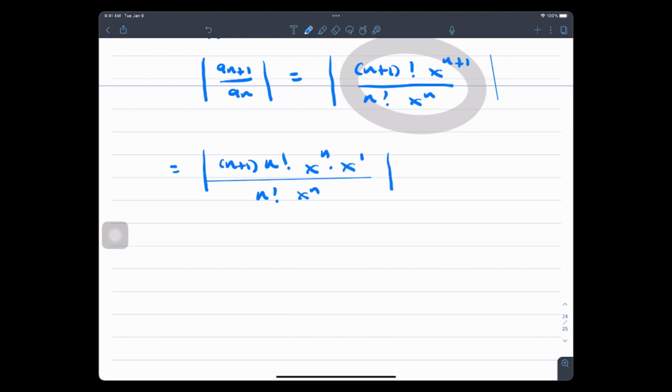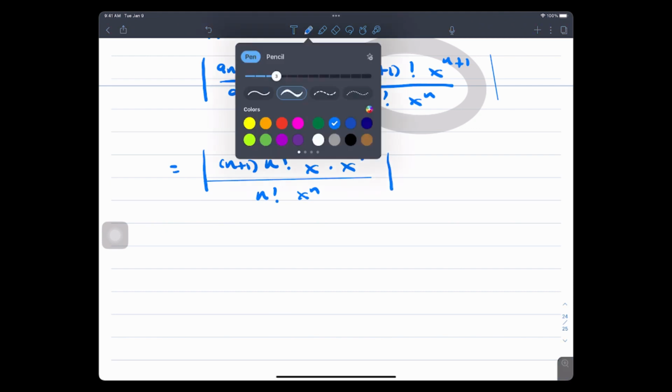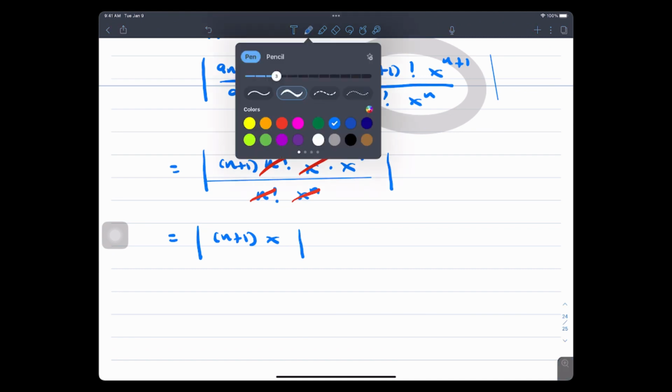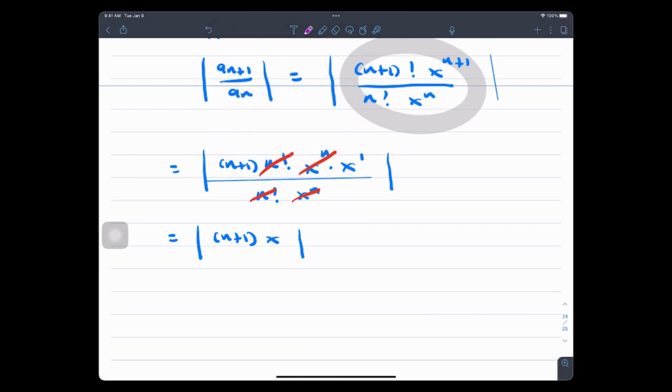So what happens now is you get to cancel the n factorials and the x to the n, and what you're left with is the absolute value of (n plus 1) times x. If you're wondering about the algebra, b to the n plus m, that I'm using is b to the n times b to the m.